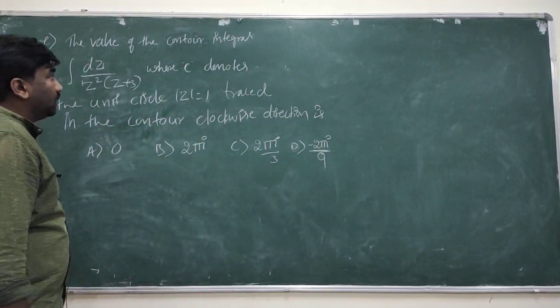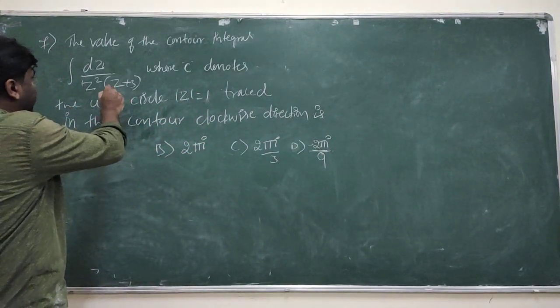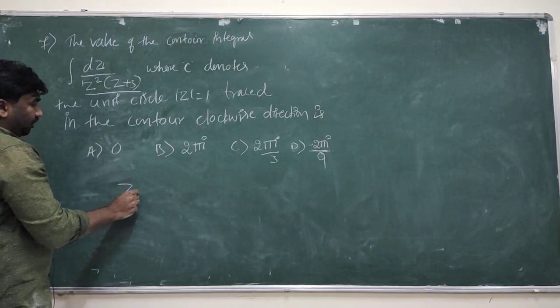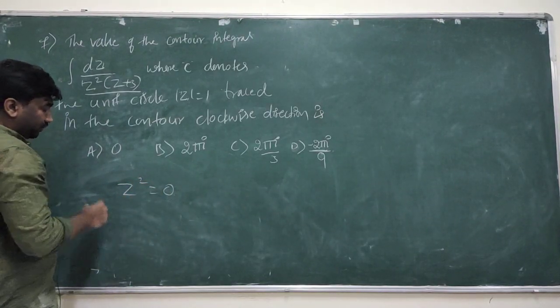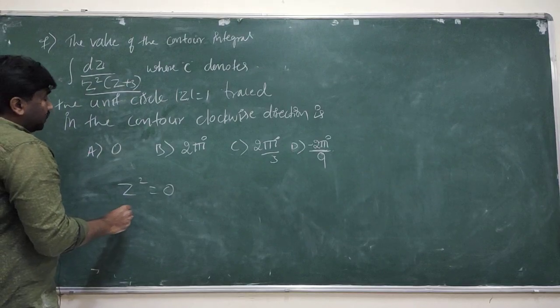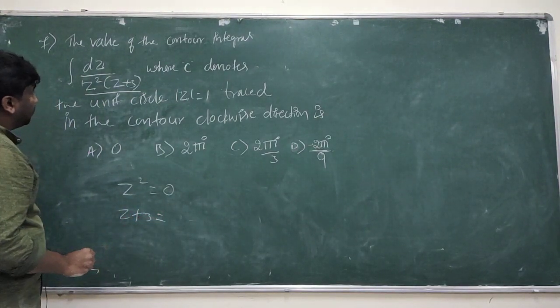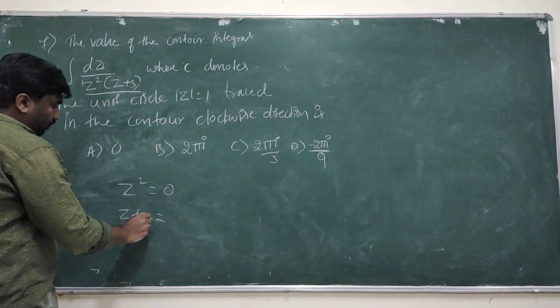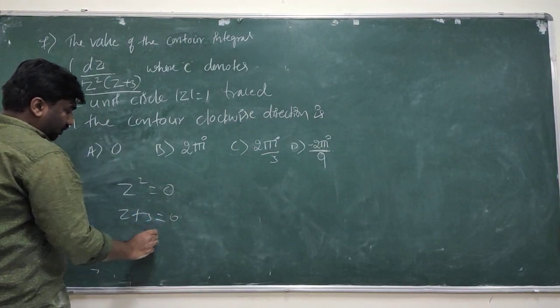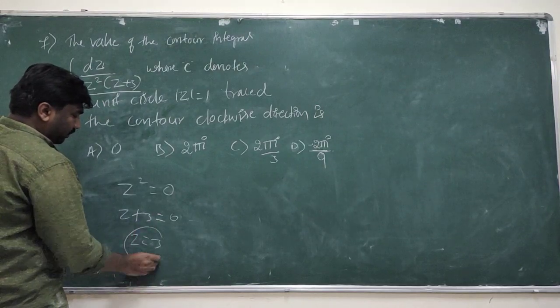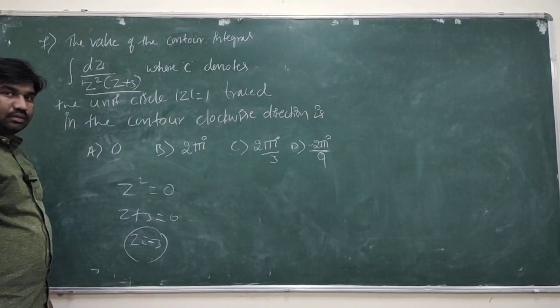Okay, so here the question is like this: the denominator, if we equate each one to 0, so z plus 3 is equal to 0 and z is equal to minus 3.